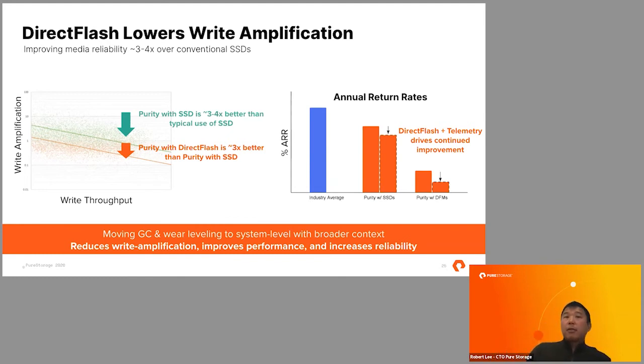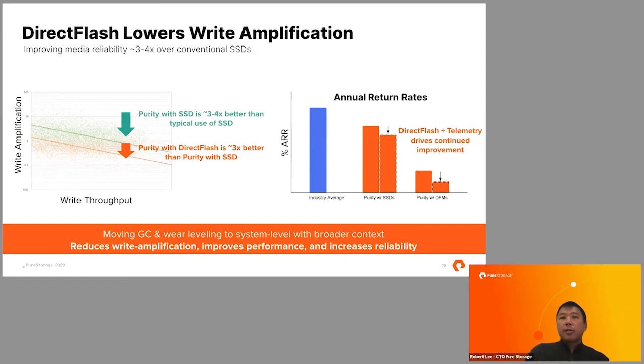The other thing to point out here is that it gets better in time. The ability for us to get fine-grained telemetry and feedback from how we're using the flash means that our job isn't done when we ship that first drive or that first software release. We can continually improve that, and we have. What the two sets of orange bars are showing, for a cohort of SSDs or DFMs that we shipped at the beginning of that shipment cycle versus a couple years in, is how that failure rate or return rate has trended down over time.